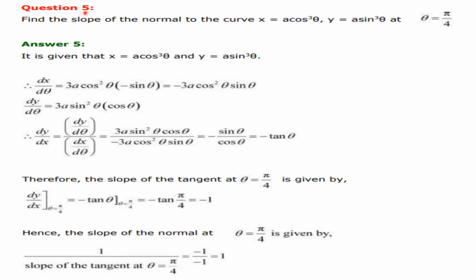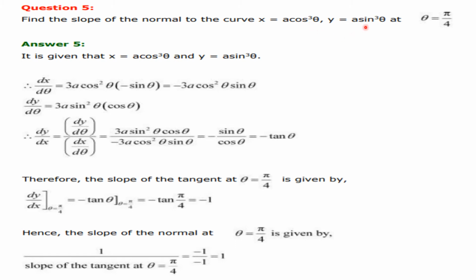Question number 5. Find the slope of the normal to the curve x is equal to a cos cube theta, y is equal to a sin cube theta, at theta is equal to pi by 4. Here the equation of the curve is not given in terms of x and y. Here parametric equations of the given curve are given.